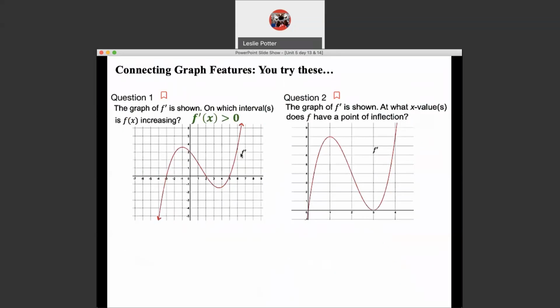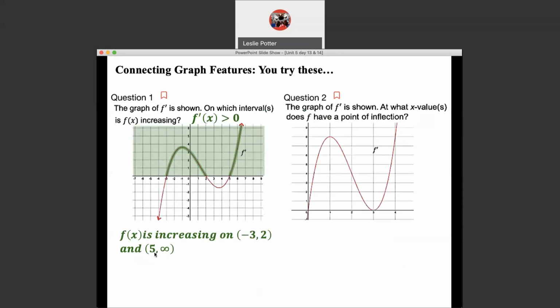So when we talk about having the first derivative and we're talking about positives and negatives, we're taking this horizontal axis and saying, up here is positive, down here is negative. The domains on which the first derivative is positive is this domain here and this domain here. So it looks like it's from -3 to 2 and 5 to infinity that the function f of x is increasing.